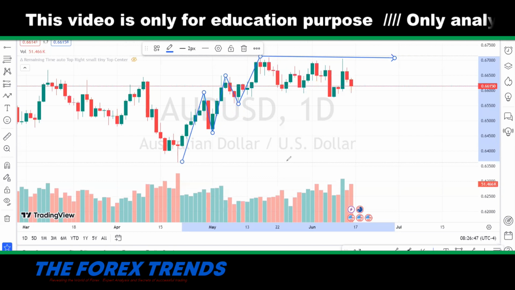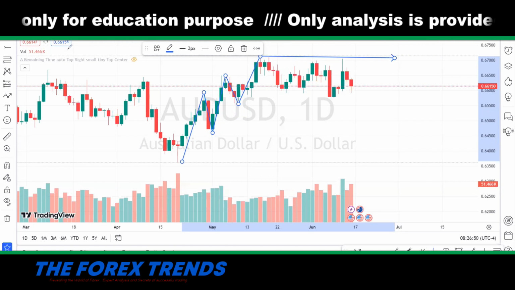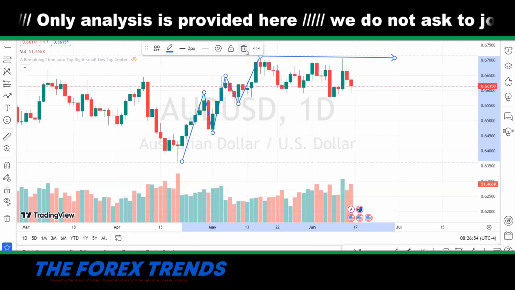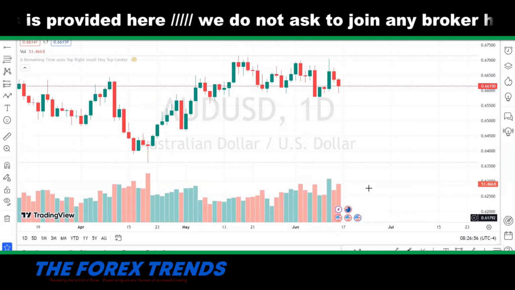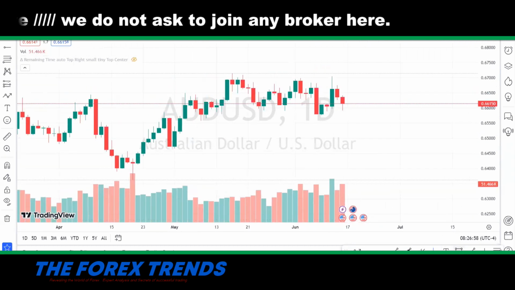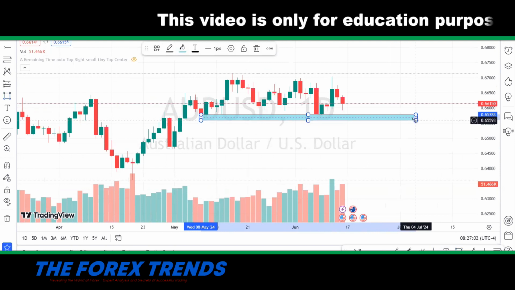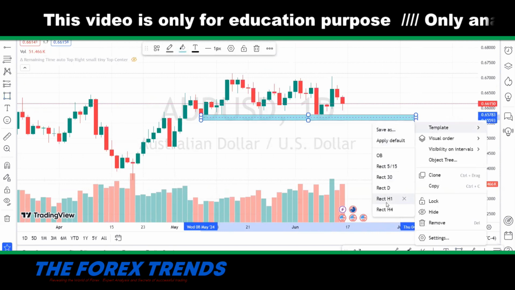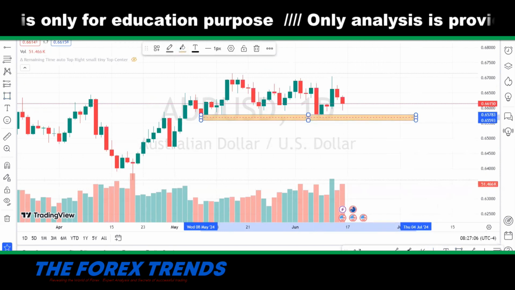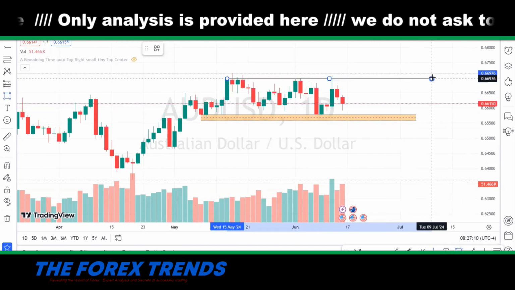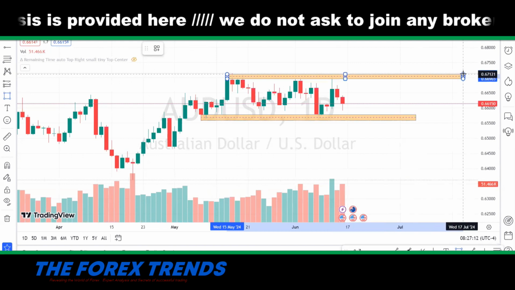So as per structure, you can easily see how the market behaves, and as per structure, this is our last low in the day frame, and this is our support, and this is our resistance in the day frame.